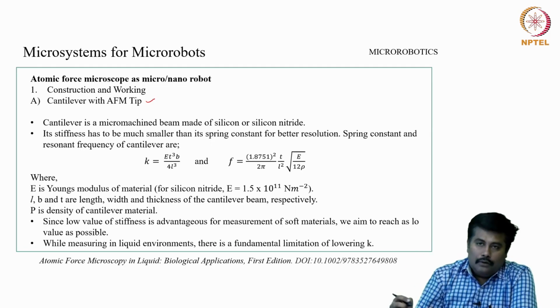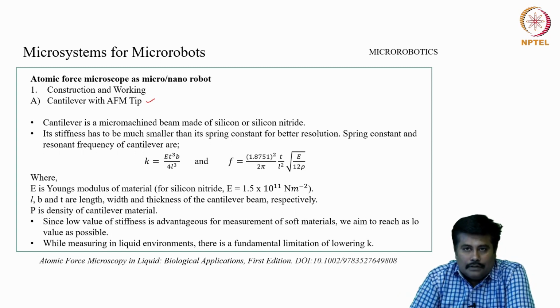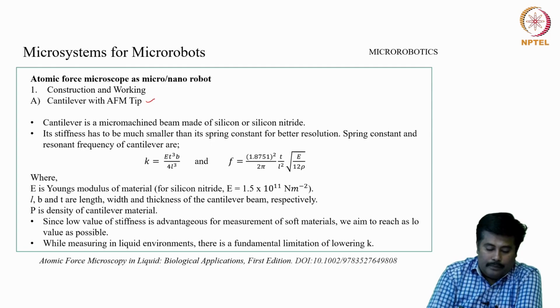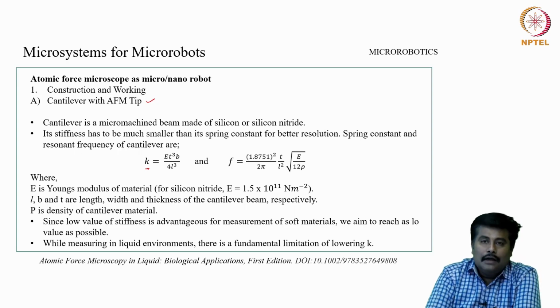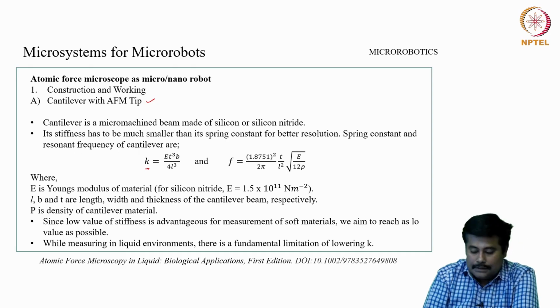Now, the spring constant and the resonant frequency of the cantilever are represented as K, which depends upon the parameter E, the Young's modulus of the material. Ideally, here we are using silicon nitride.